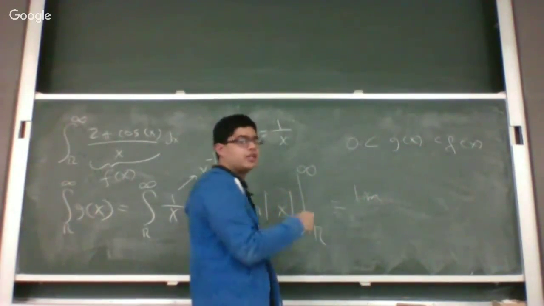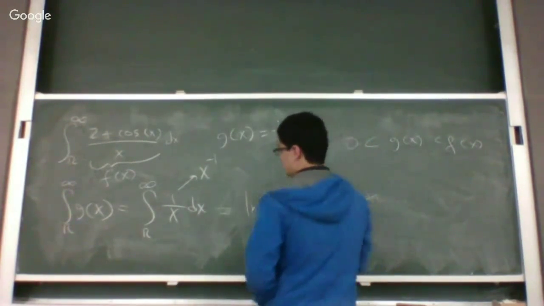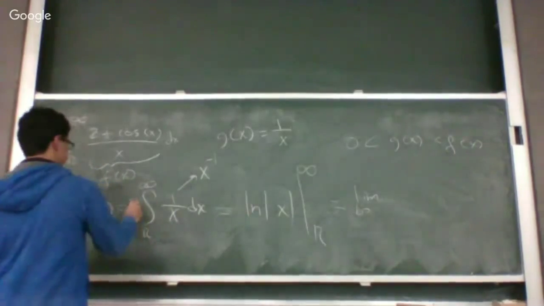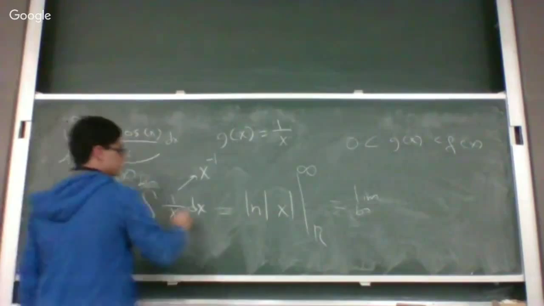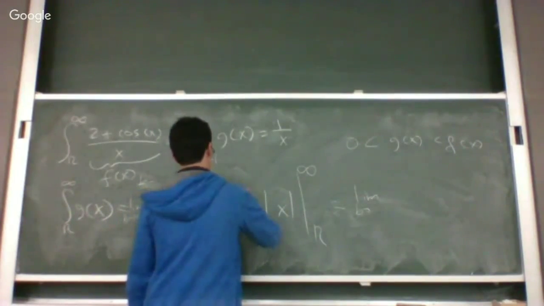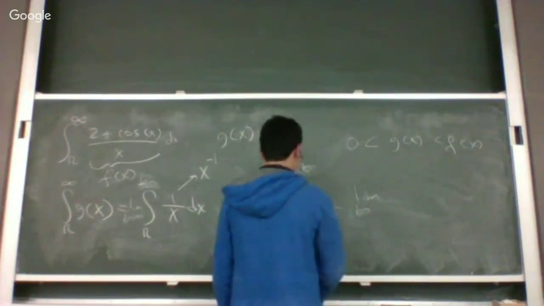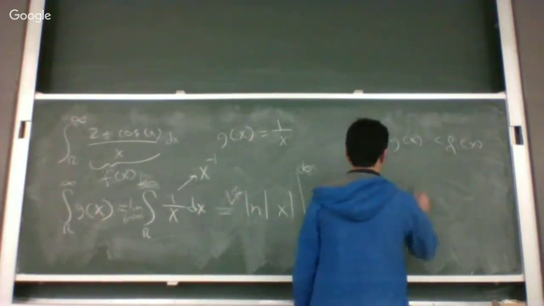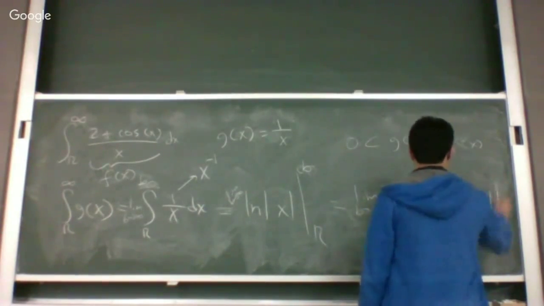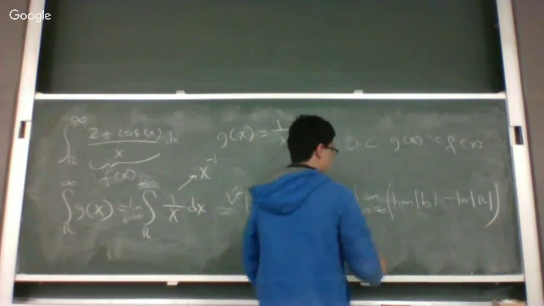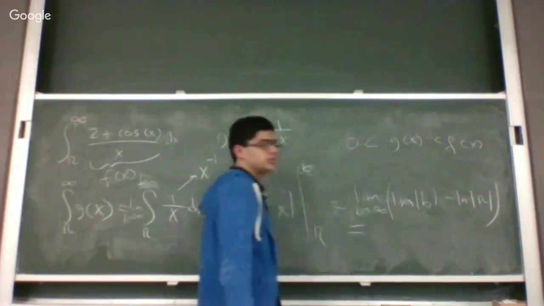When you do the math behind it, you do need to show the limit as b approaches infinity. Actually, you'd show that right here. And does this go to infinity?